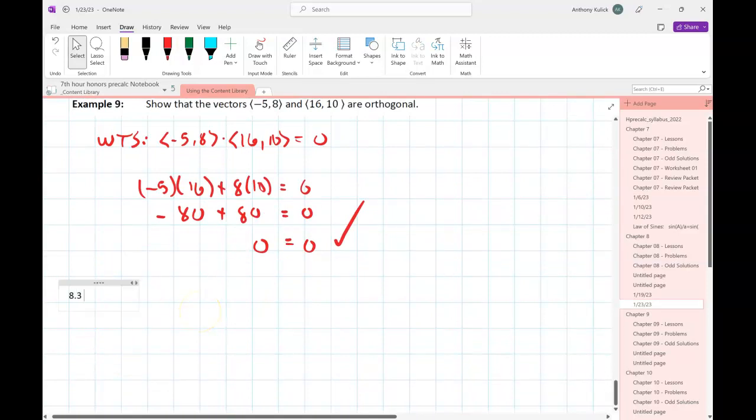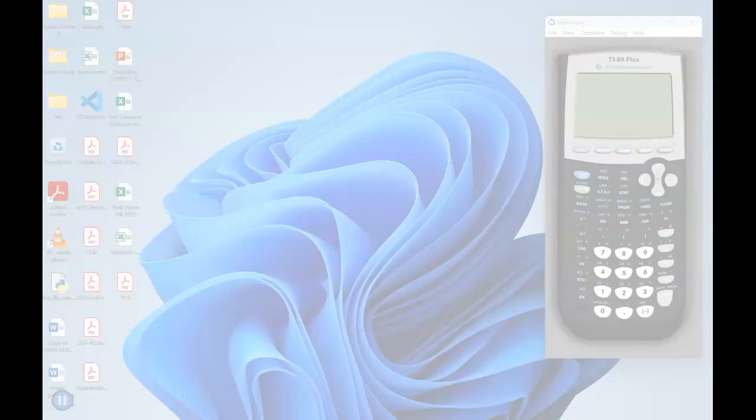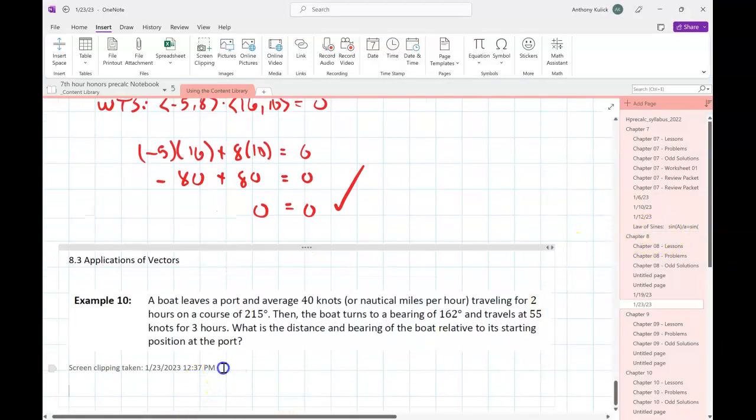We're going to continue into 8.3 and talk about some more applications of vectors. So the first application is one that you're already quite familiar with. You remember when we did the navigation problems in first semester?